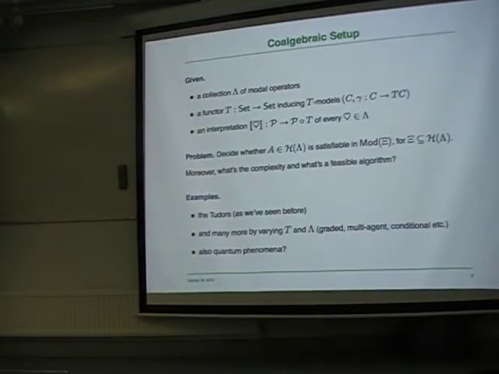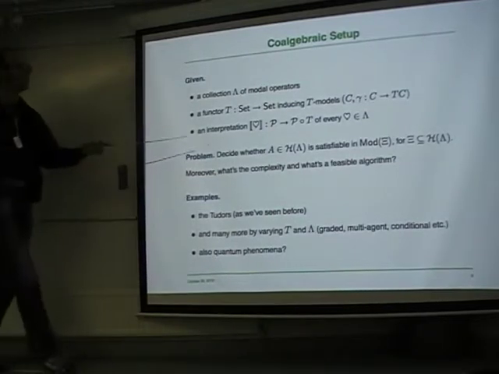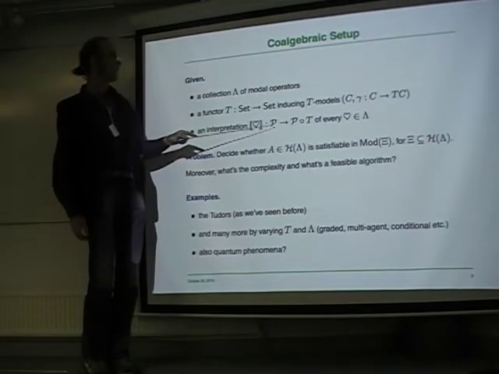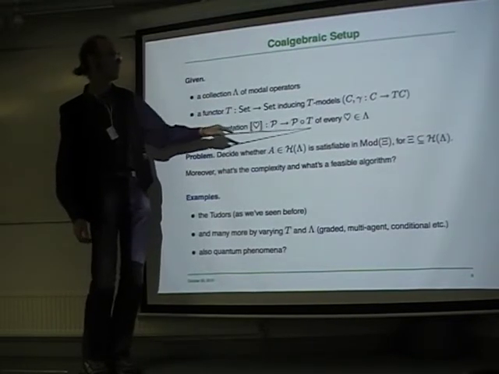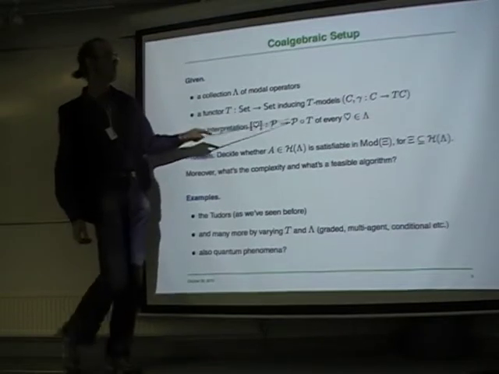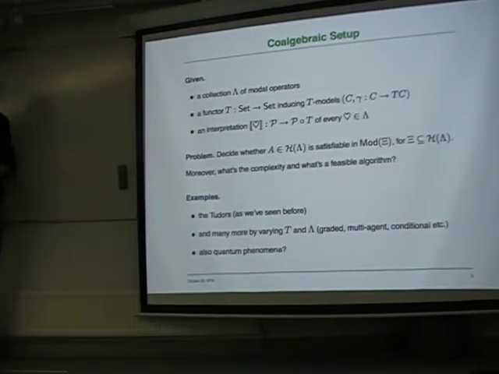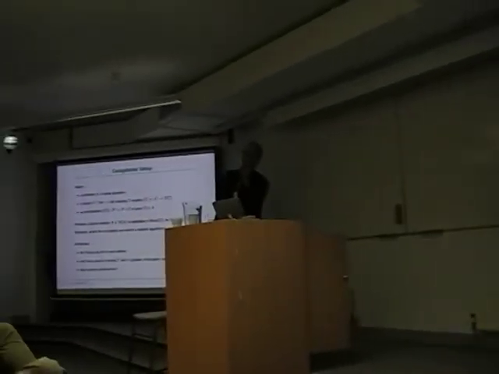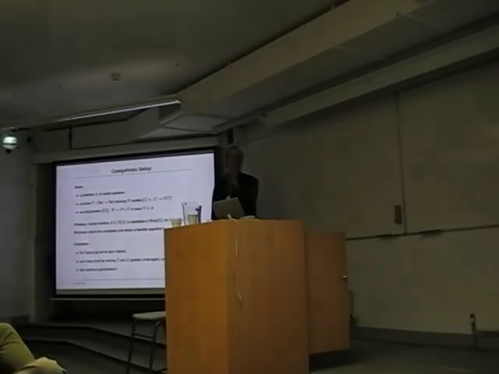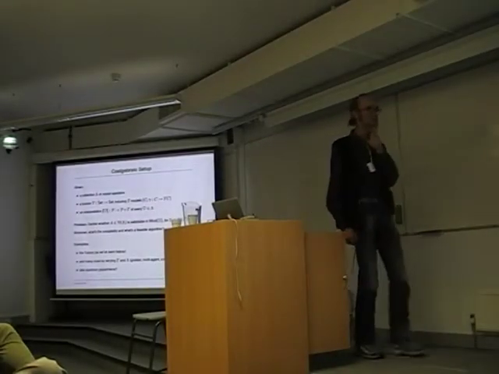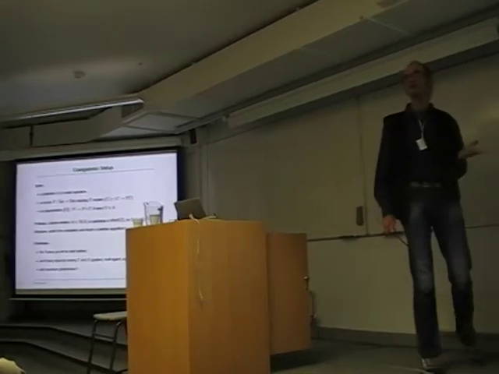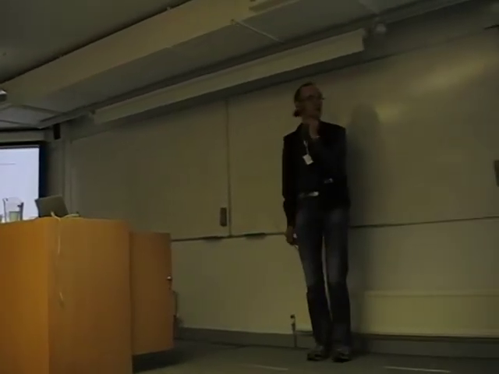And to each operator of the language, I have to associate a meaning in the sense that it takes a property on states and gives me an induced property on successors. And if we want to use that for knowledge representation purposes, we want to do reasoning, so we're interested in questions like consistency, satisfiability, etc.